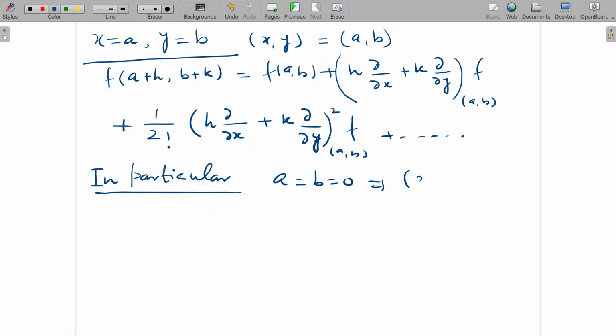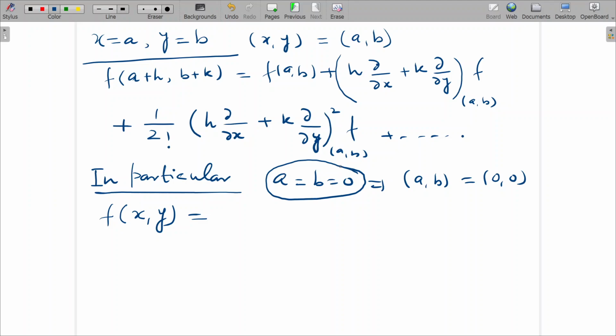So now you can expand any given function, and this will be the case when you obtain the expansion of any function in terms of the powers of x and y. So if in the question you are asked to expand a certain two variable function in terms of the powers of x, all you need to do is expand that function about this point, meaning a equals b equals 0, or you can say the origin.